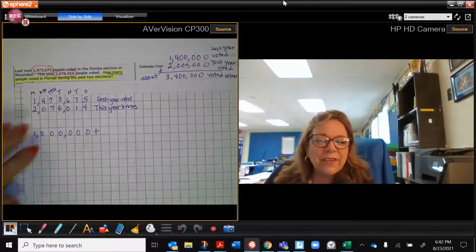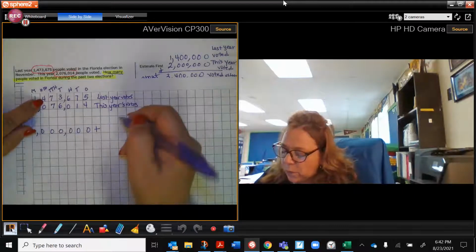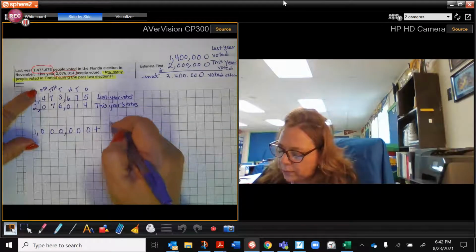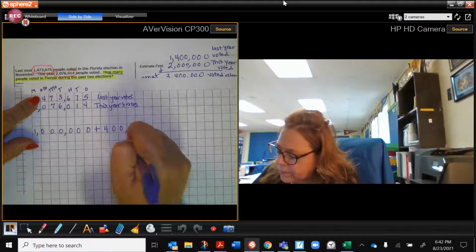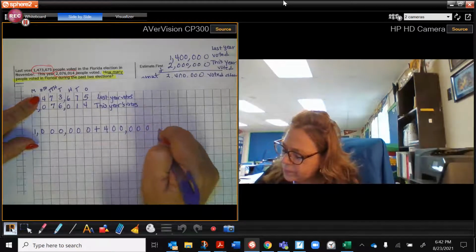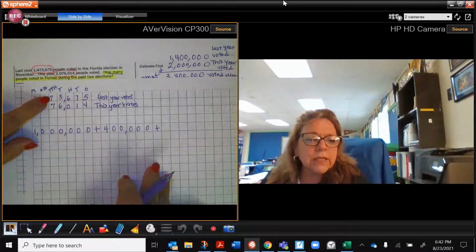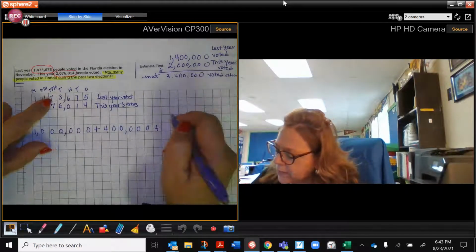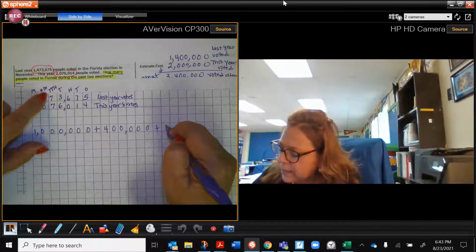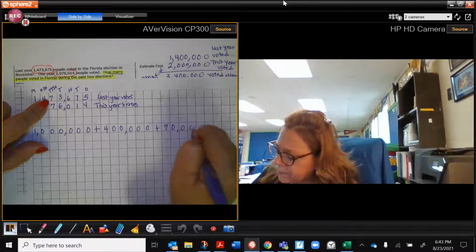So I have 1 million plus, how many are in the 100,000s? 4. The value of 400,000 is 400,000. And it's being able to get used to expanding it because it's place value. Going into my 10,000s, I have 7 in the 10,000s. The value of 7 10,000s is 70,000.